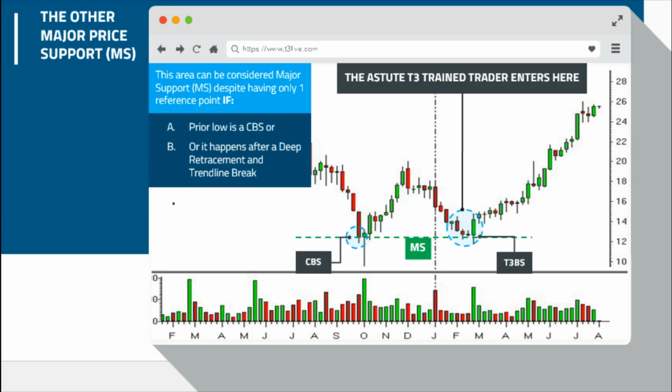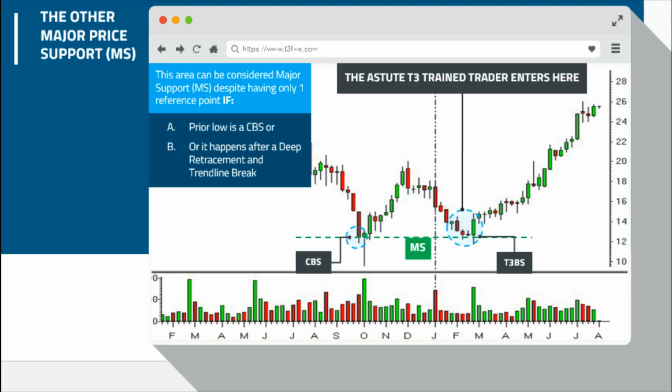Another time, so A, B, C, would be if the prior pivot is solidified by something else, such as maybe there's support, like a flat 200 or a rising 20 period moving average. So if it's solidified by something else, then one reference point is enough. Another time is when the prior reference point is an area where there was a major failure or maybe a guerrilla tactic or a gap failure or a breakdown failure, something really interesting happened.